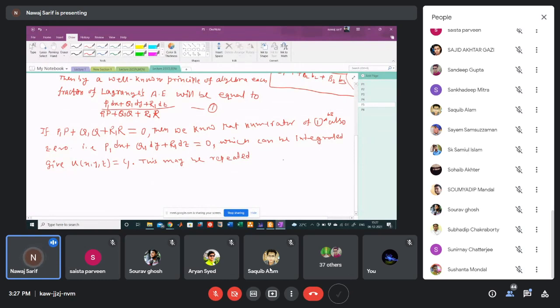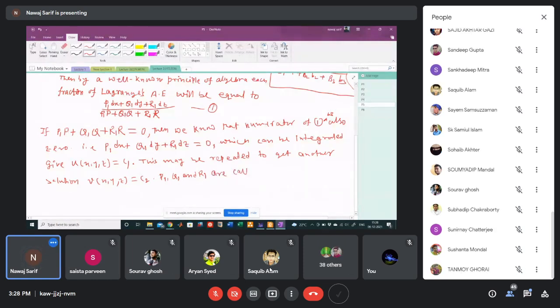So this may be repeated to get another solution v of x, y, z equals to c2, where p1, q1 and r1 are called multipliers.